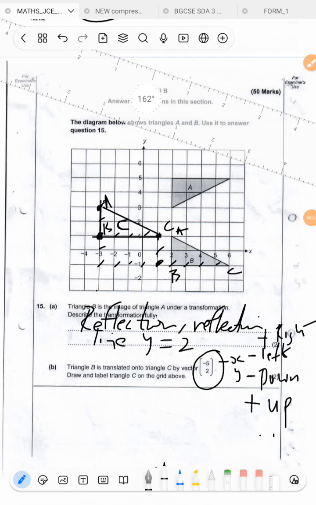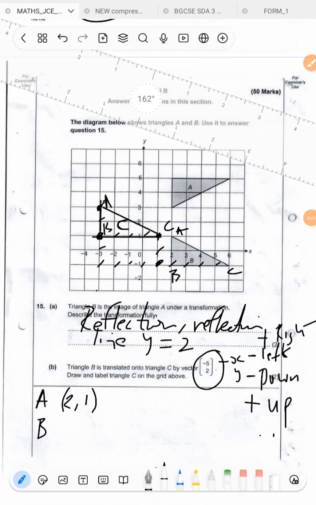And then the other option that you can use is to manually calculate the new coordinates, and then you just go and plot those coordinates. So A coordinates are 2, 1.